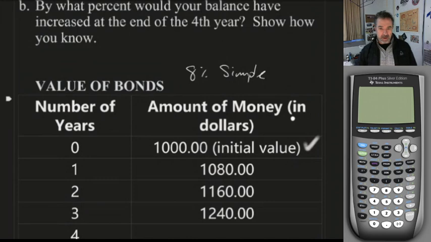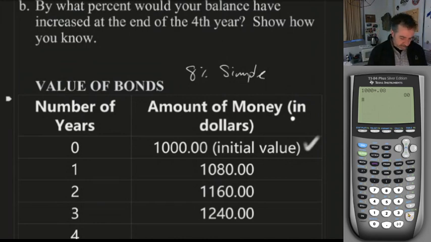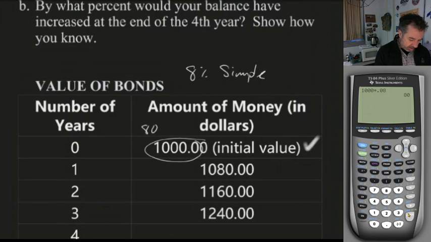If I grab my calculator and take the $1,000 and multiply that by 0.08, I'm finding 8% of the $1,000, and when I do it, I get $80. So I can see that 8% of this initial investment is $80.